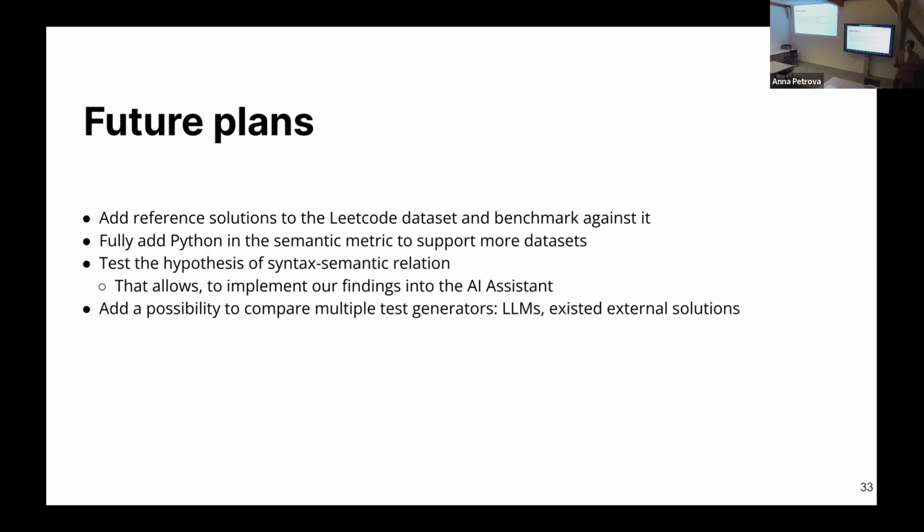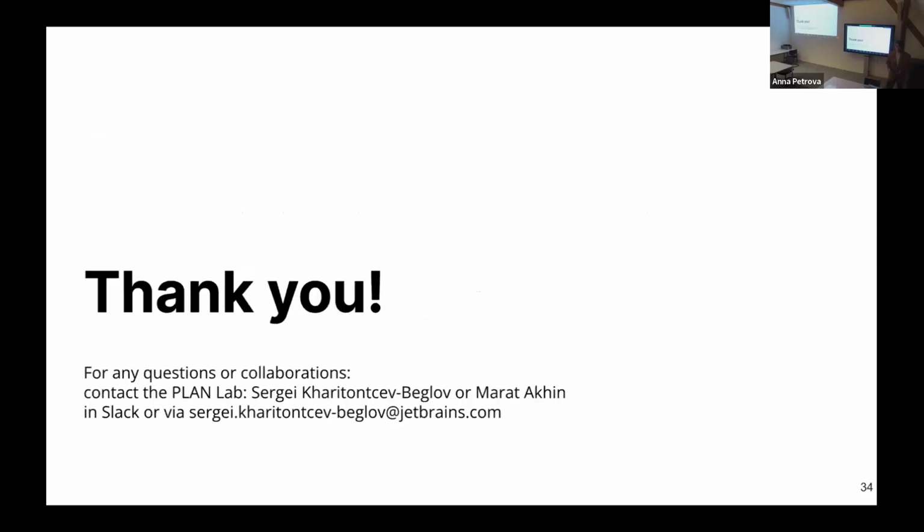And one other possibility that came up not long ago is to use our platform to compare multiple test generations using LLMs or existing external solutions and so on, in the case of LLMs. So that's all. Thank you.